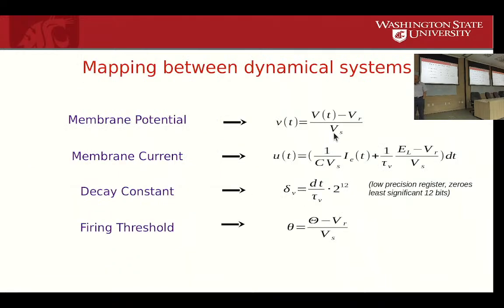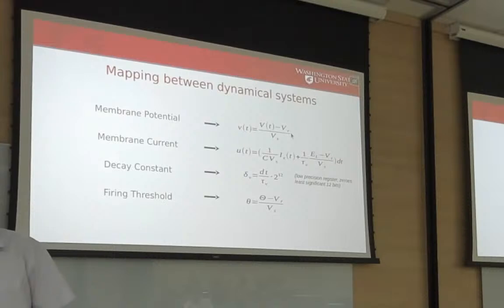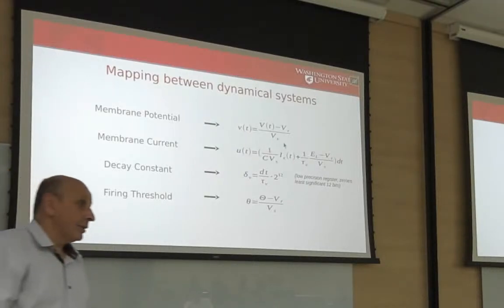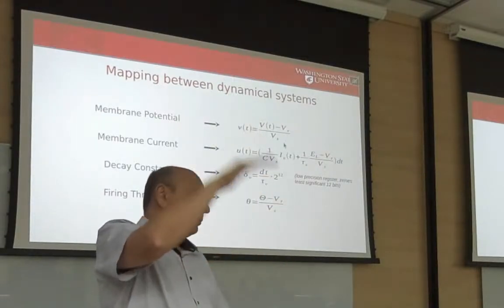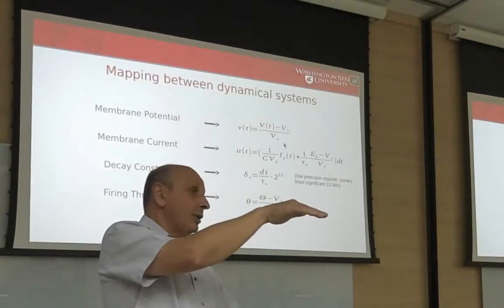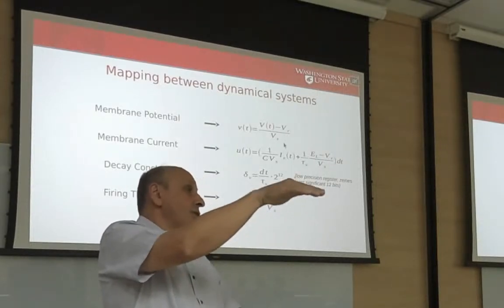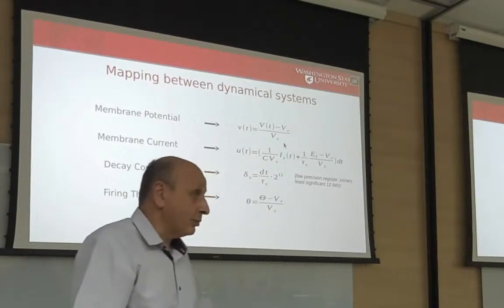Ultimately, we came up with an affine map, so it's a shift and scale. This voltage state for Luigi is the LIF voltage, however shifted by the reset voltage, so that we have a reset to 0 in Luigi. And we have an arbitrary scale because we don't have floating point, so we need to control the precision with which the representation goes into the integer states that the processor provides.